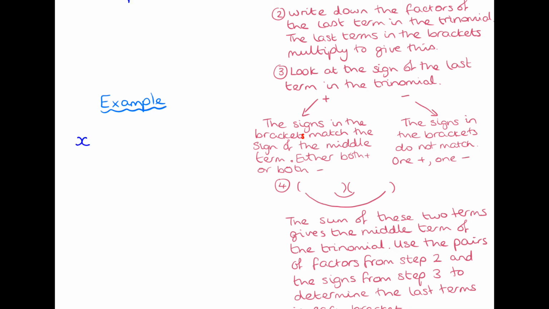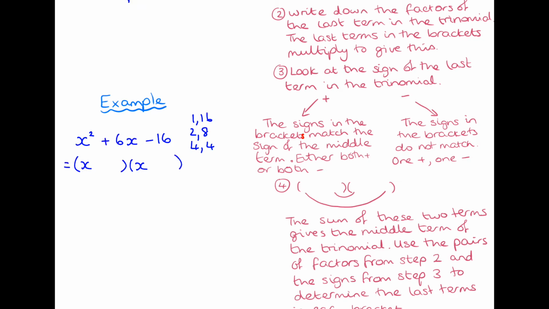Okay, so this time we're going to have an x squared plus 6x and a minus 16 this time. So again, we should be getting used to now spotting that it's a trinomial, filling in the beginning of the brackets and writing down the factors of the third term.